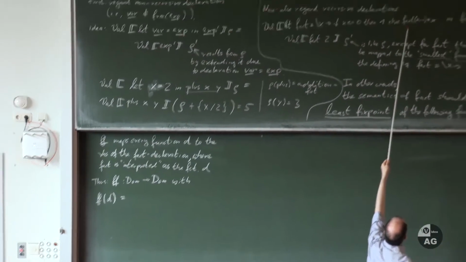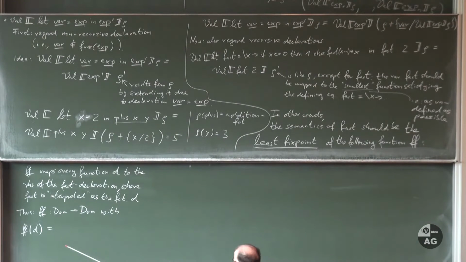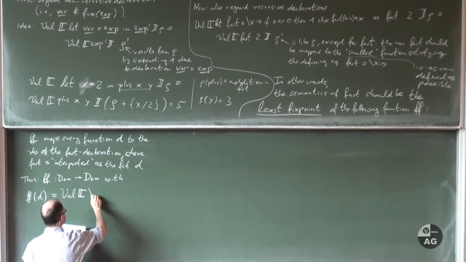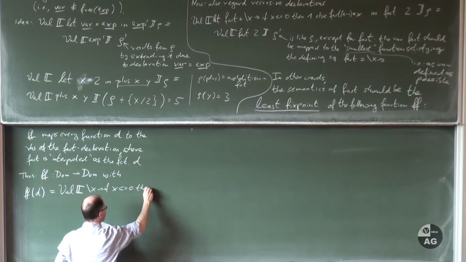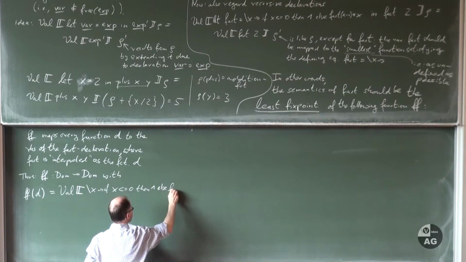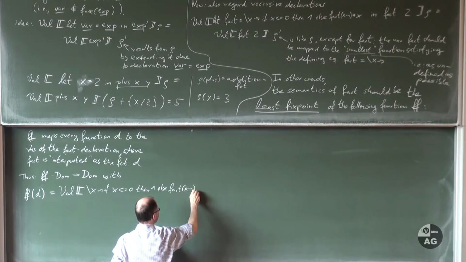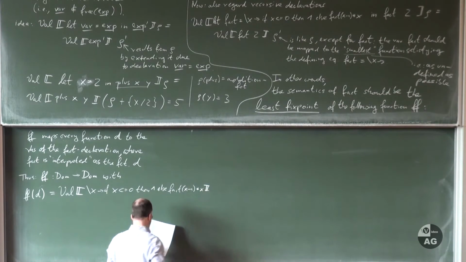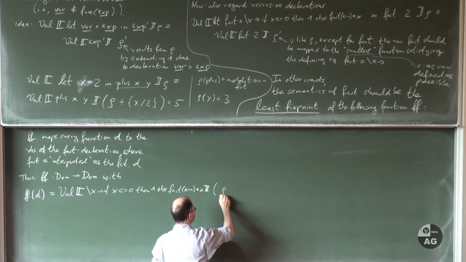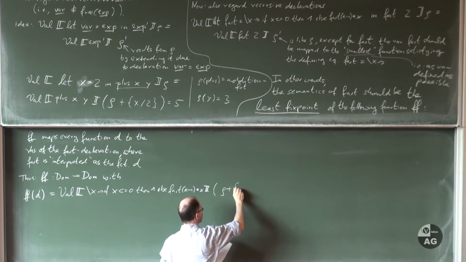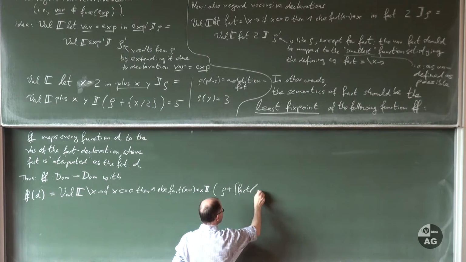But we use an environment where fact is interpreted as the function d. So it's the meaning of the right-hand side of the factorial declaration: lambda x, if x is smaller or equal to 0 then 1, else fact (x minus 1) times x. And in which environment? Well, for most variables it's like rho, but not for fact. Fact is interpreted by d.